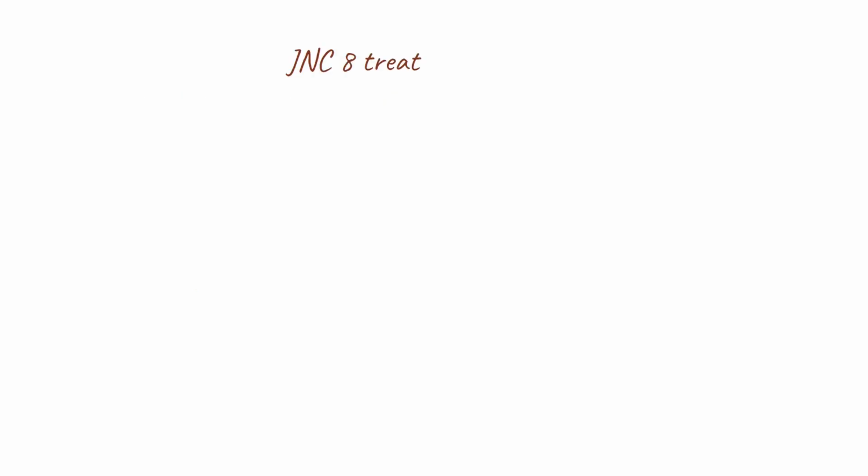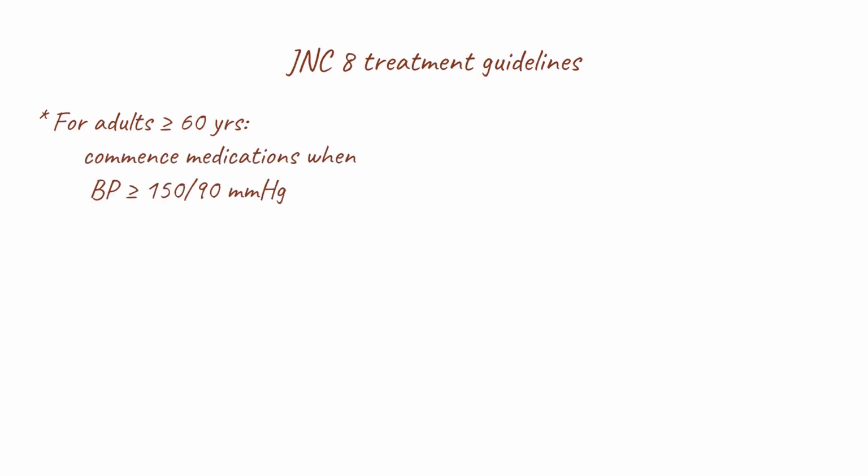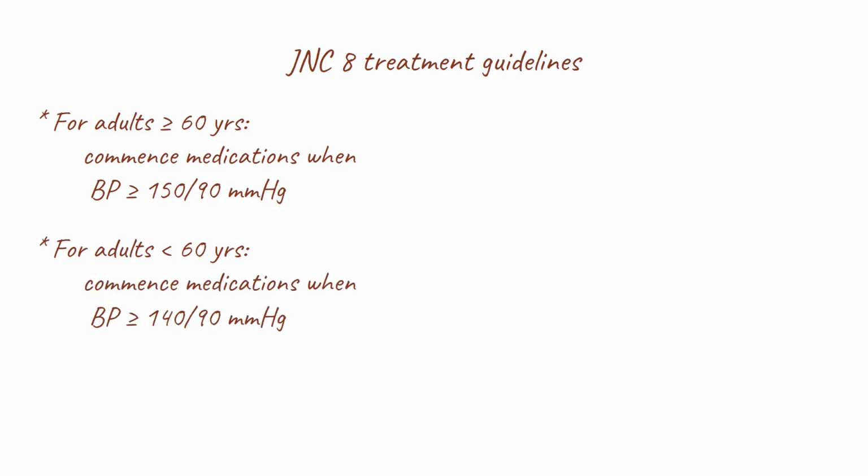According to the JNC 8 guidelines, in the general population, in adults aged 60 years and above, pharmacologic treatment should be initiated when the blood pressure is at least 150/90 mm Hg. However, in younger adults less than 60 years of age, the blood pressure cutoff for initiating pharmacologic treatment is 140/90 mm Hg.